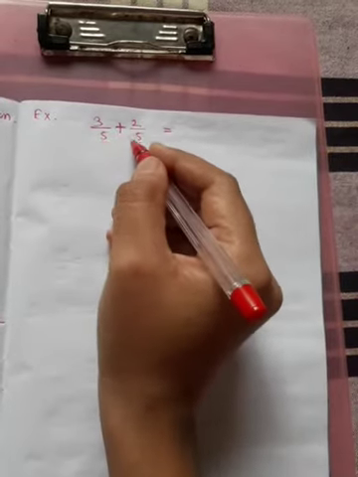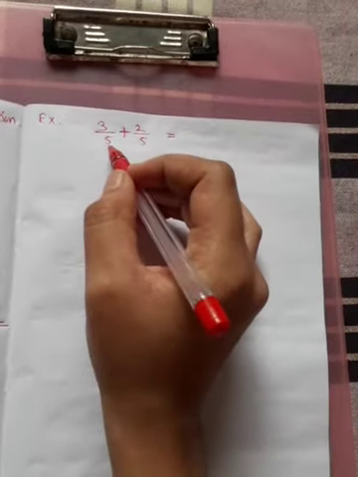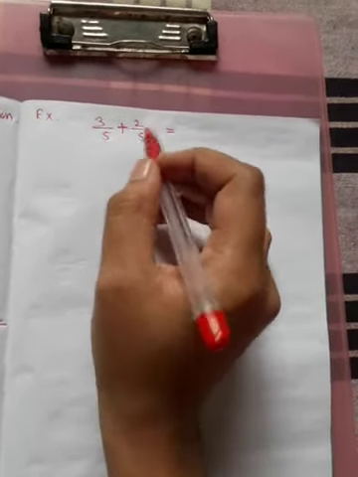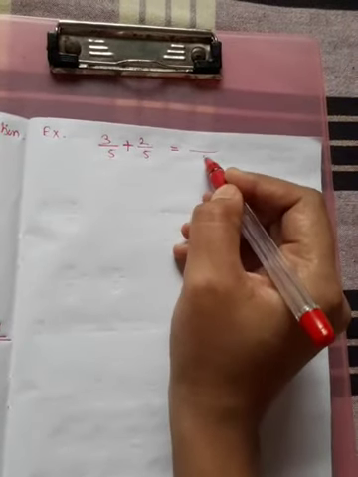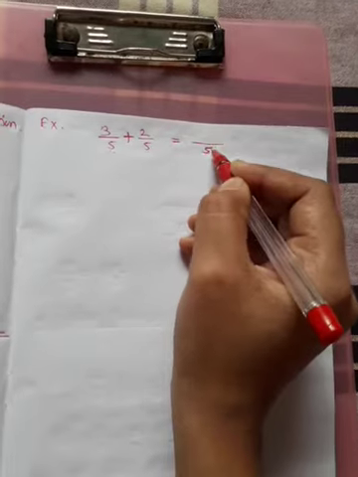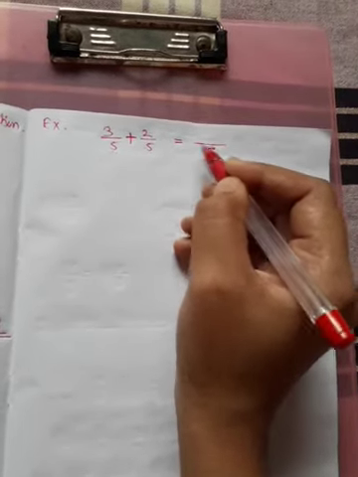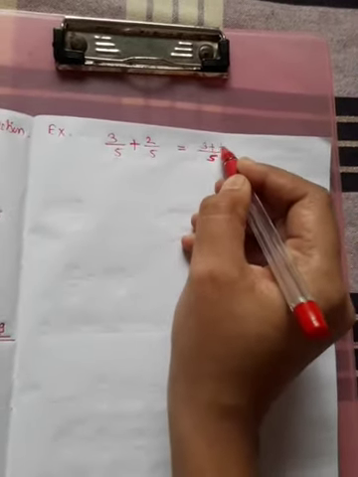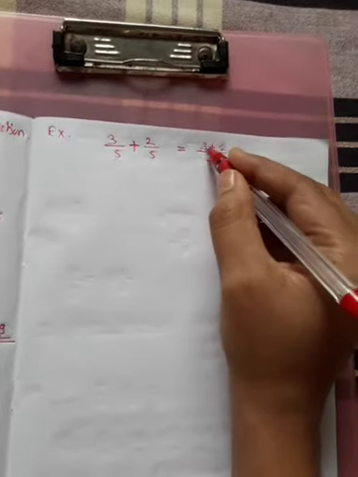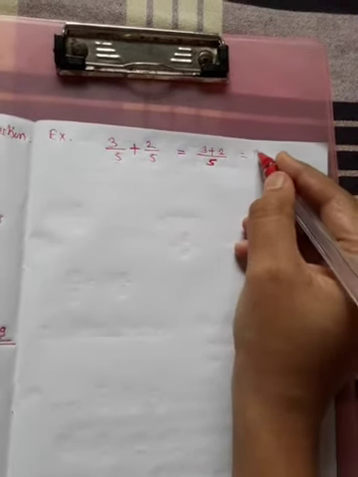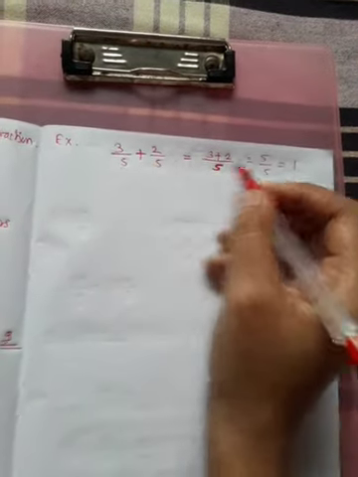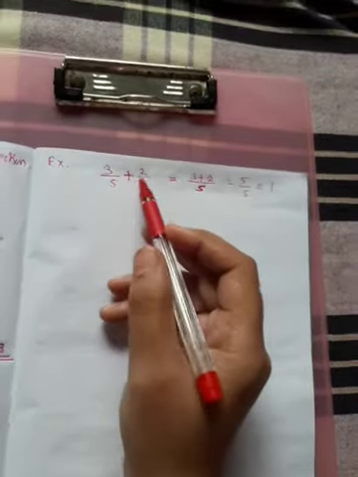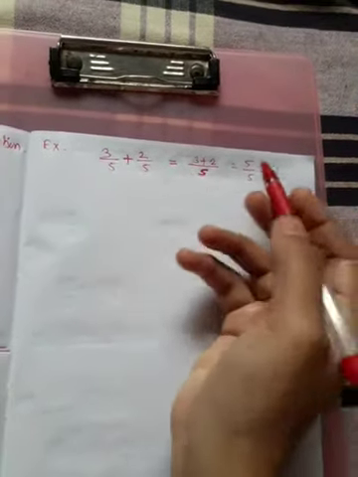When the denominators are the same, we keep the denominator common and add the numerators. So 3 plus 2 is 5 and 5 upon 5 is 1. Means 3 by 5 plus 2 by 5 is equal to 1. So we can add and subtract like fractions easily.